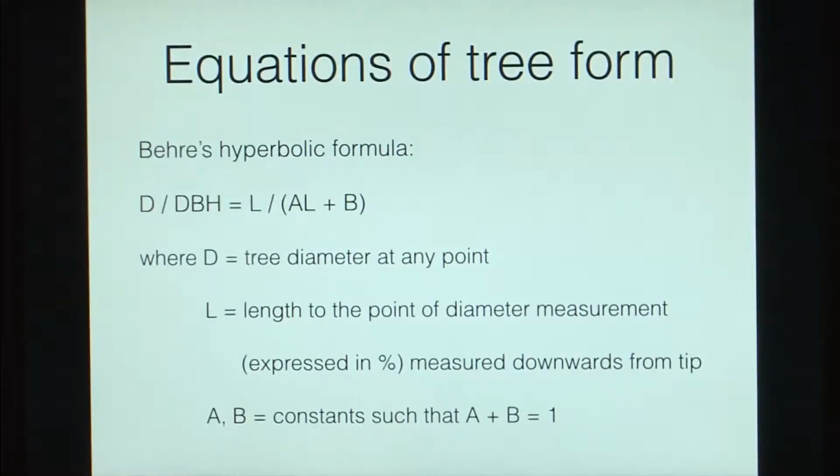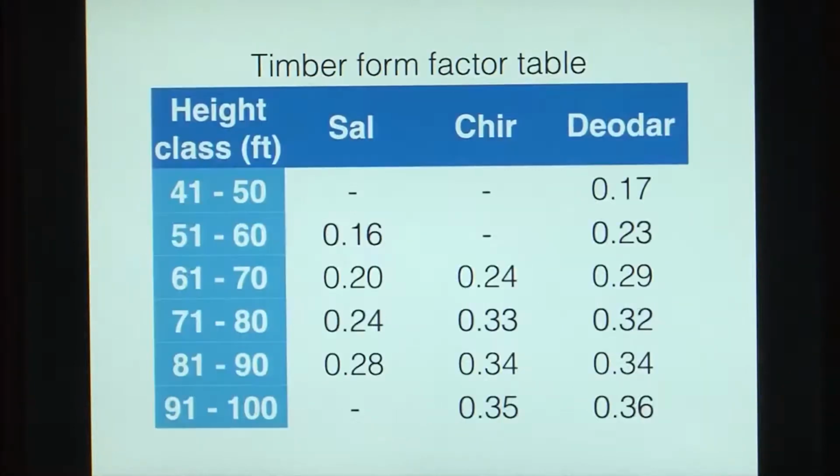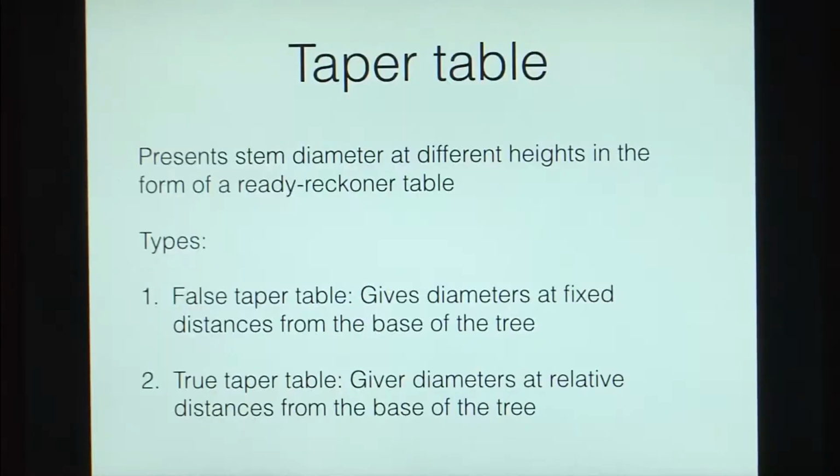We also looked at equations of tree form, in which we looked at two major equations. One was Behere's hyperbolic formula and the second one was Hodge's formula, and we also looked at some form factor table and the taper tables. In the case of taper tables, we have two kinds of taper tables, false taper tables and the true taper tables.